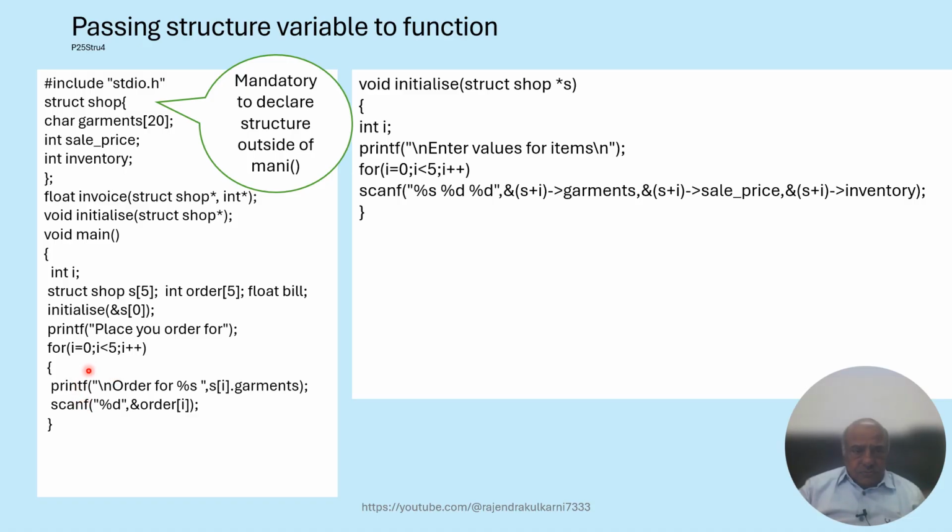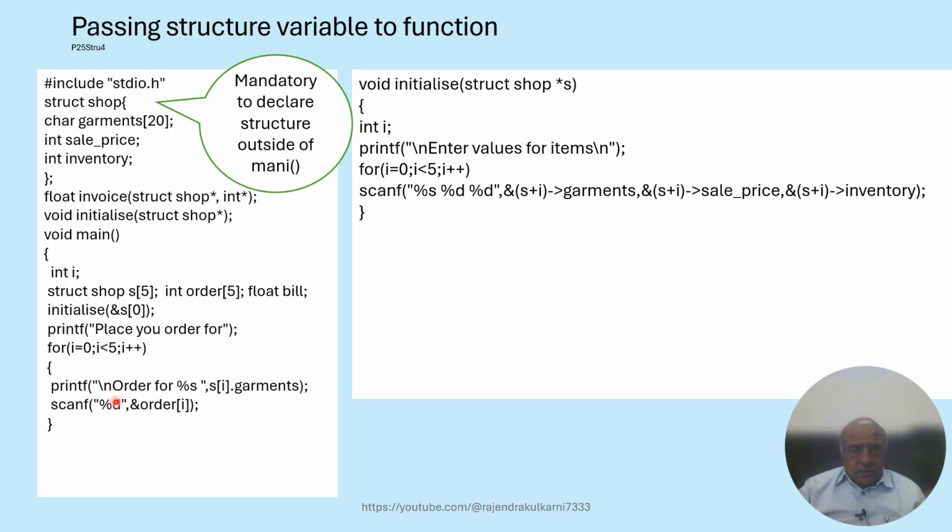This for loop is used to output first the printf prompt, order for percentage s, comma S subscript I dot garments.